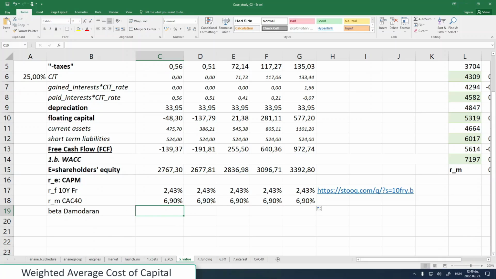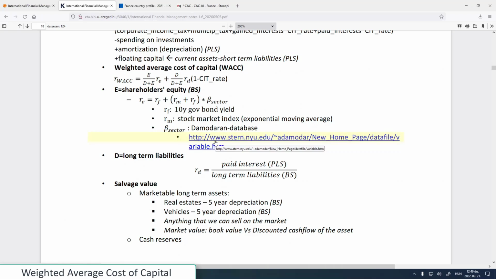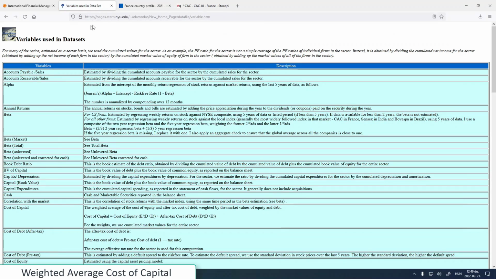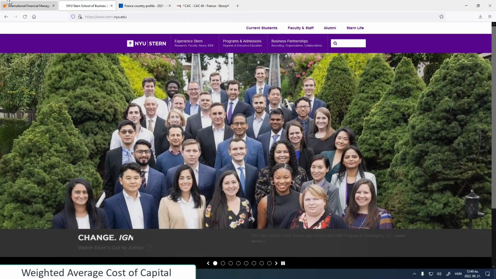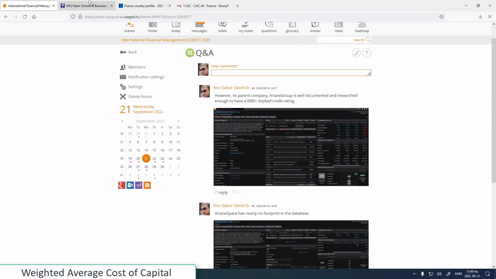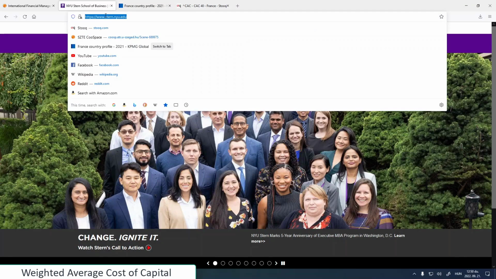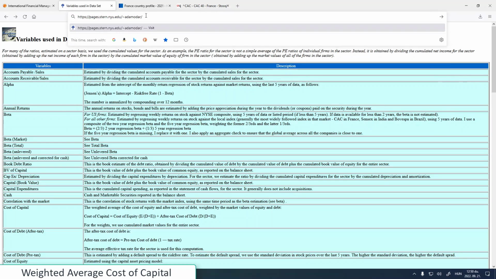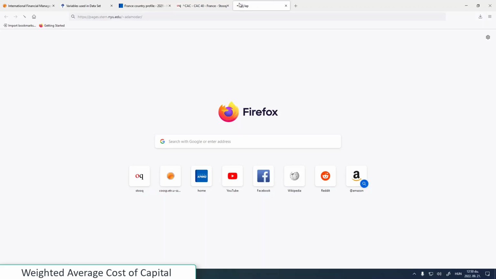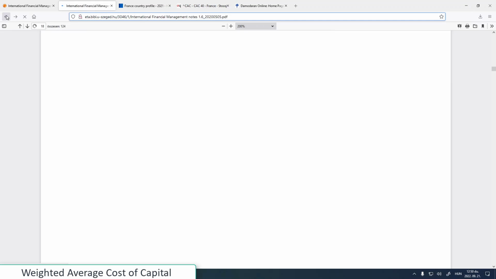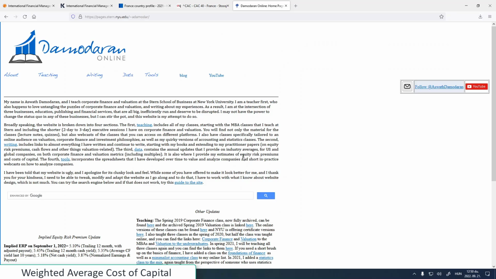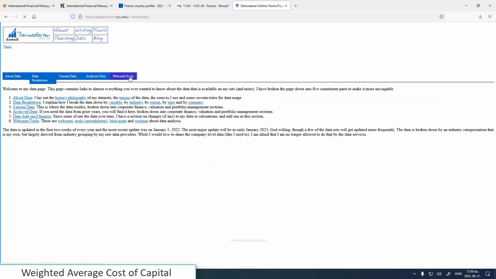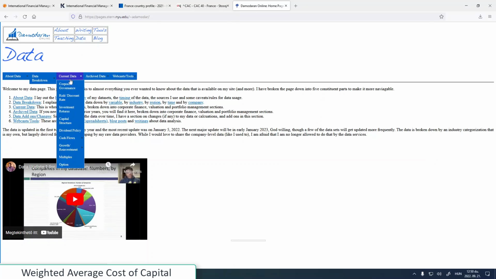Okay, Damodaran beta. Then the Damodaran beta. But why are you overriding this? Okay, so again, I have to remove this part of the current data.